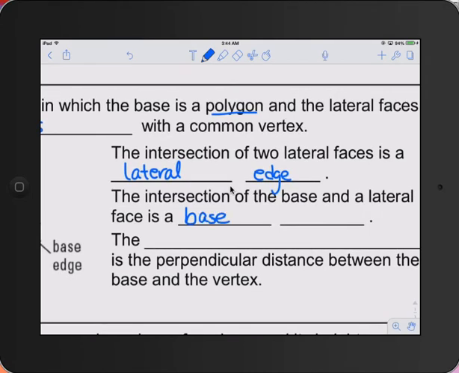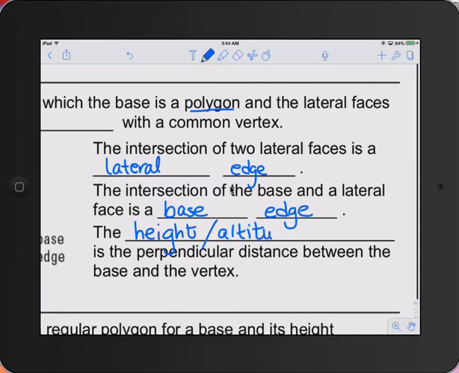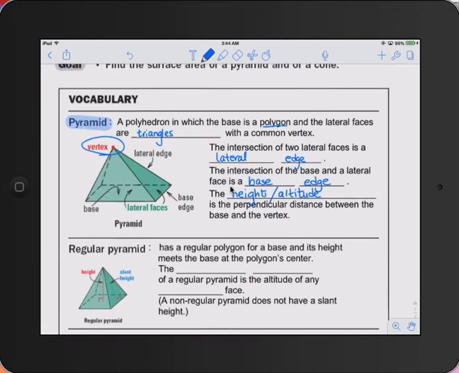So same thing as with a prism. And then the height or altitude of the pyramid is the perpendicular distance between the base and the vertex. So the height is that distance right there.